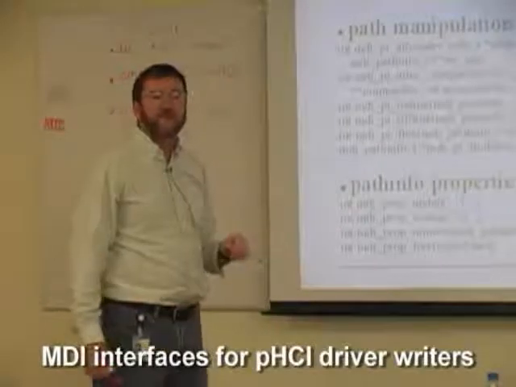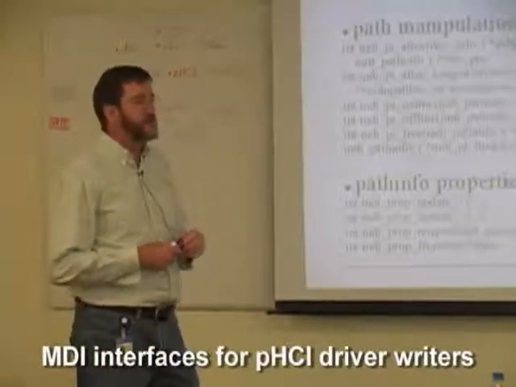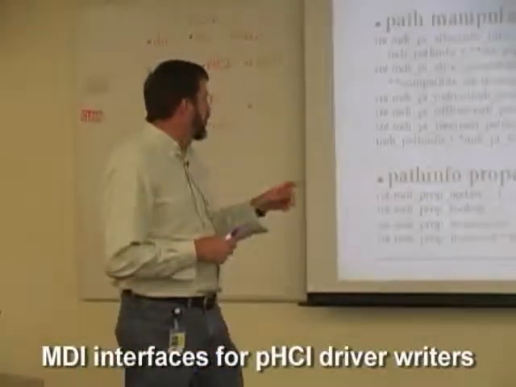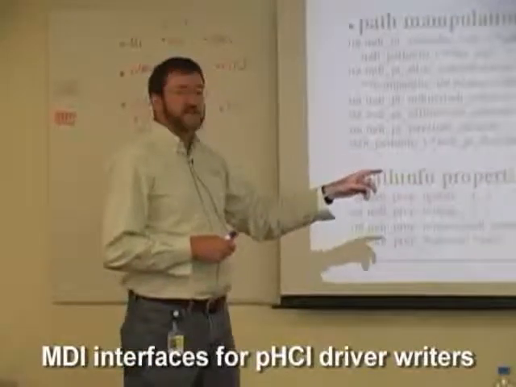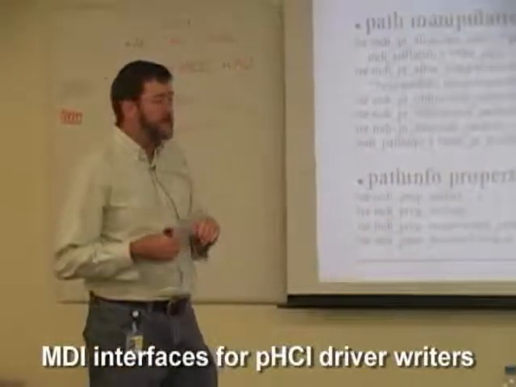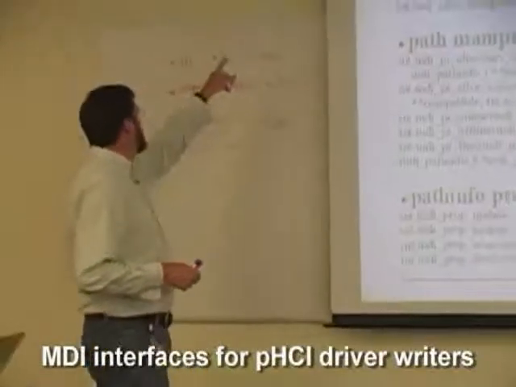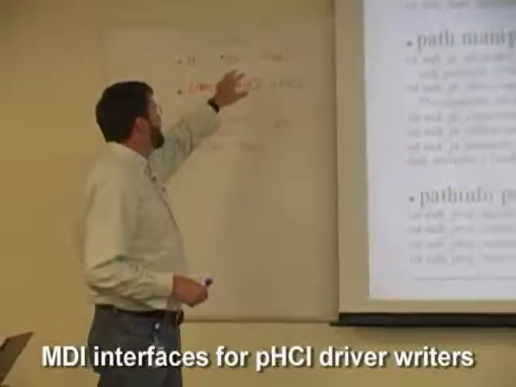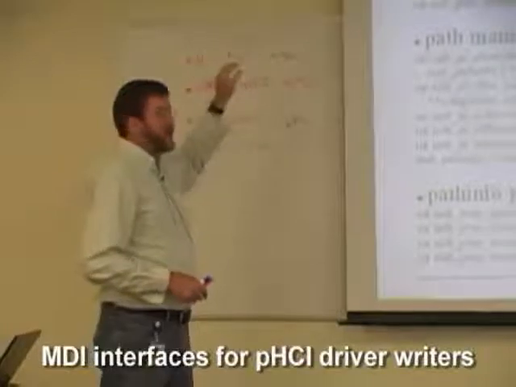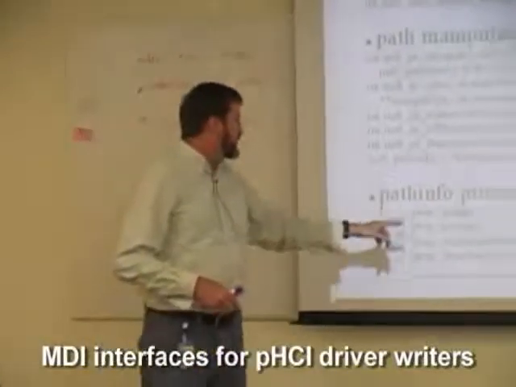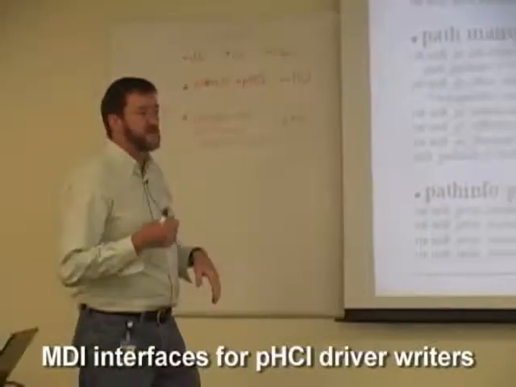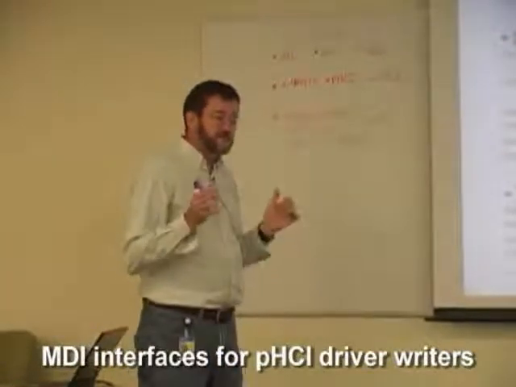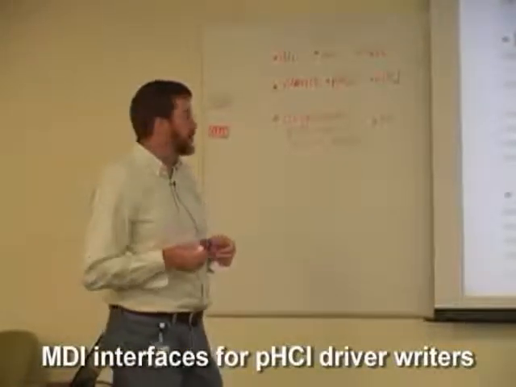We talked about how path info nodes are peers of dev info nodes, and just like dev info nodes, they have properties. They currently require separate interfaces in order to access those properties. And when we do get to actually have SCSI understand more about NDI and MDI, what will likely happen is that we will have SCSI prop versions of these relative to SCSI device structures, where the device structure may refer to a dev info node or it may refer to a path info node.